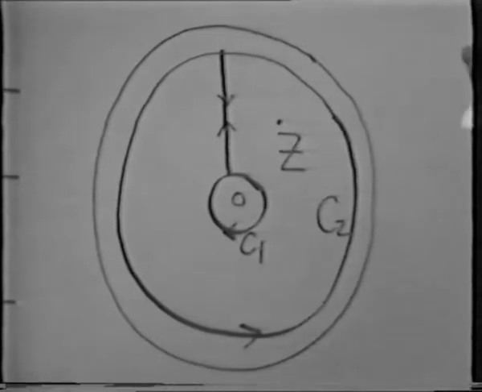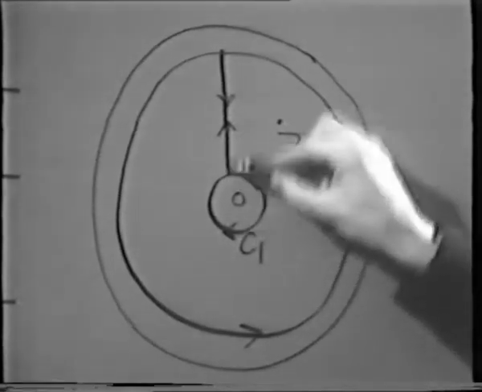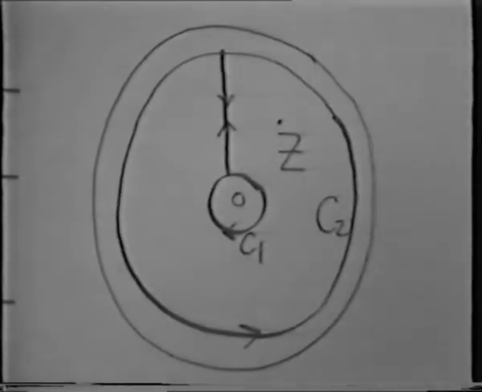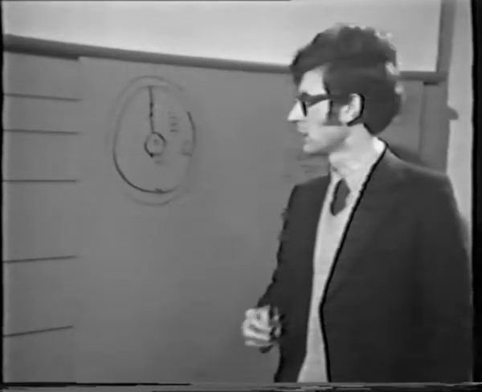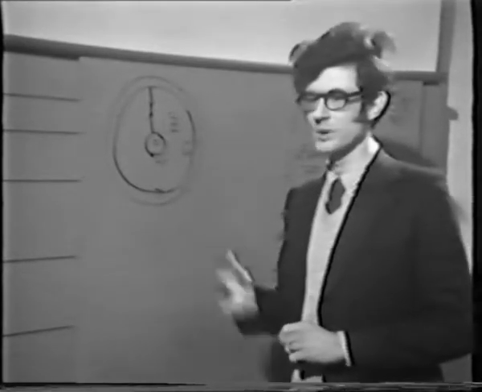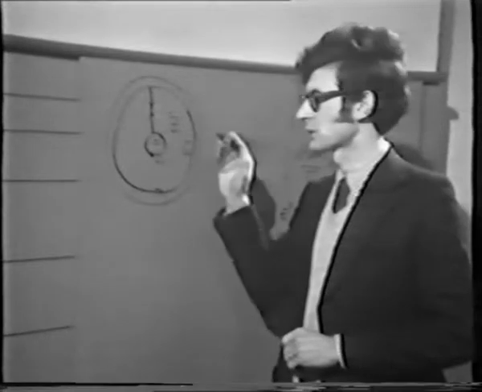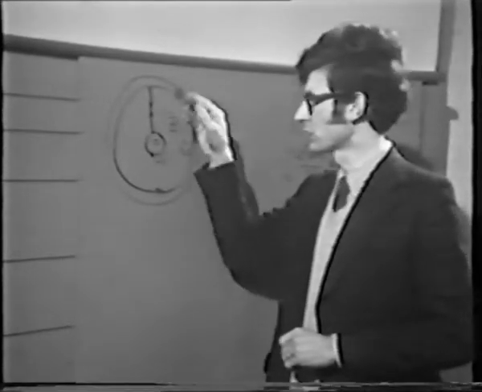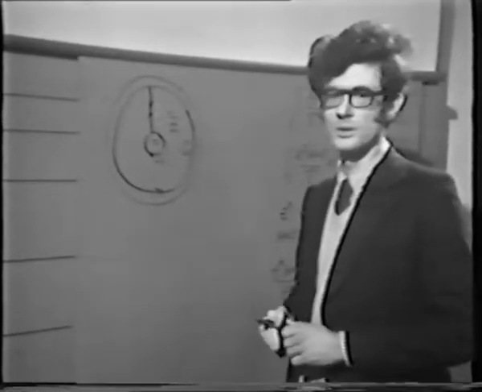The point of that maneuver is this. I've constructed a contour like this, which encloses z, and which lies in a region in which the function is analytic. It so happens that Cauchy's formula will extend to cover that situation. In other words, we can express the value of the function at z in terms of an integral around that contour. What does that give us?